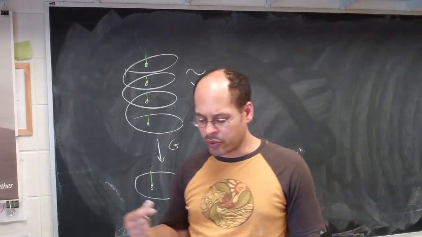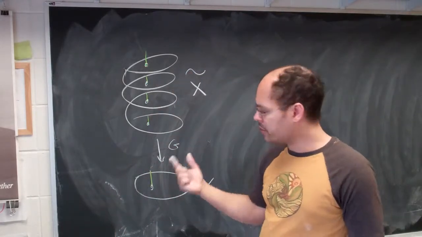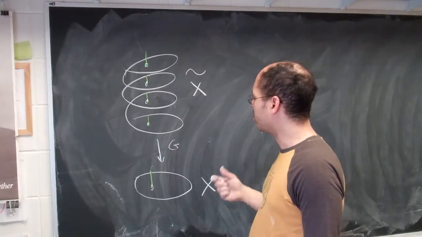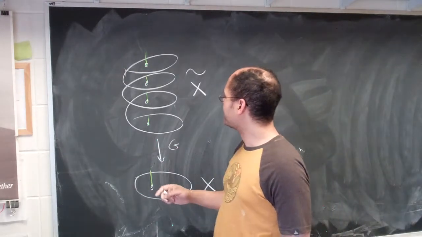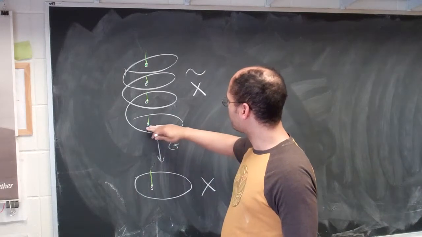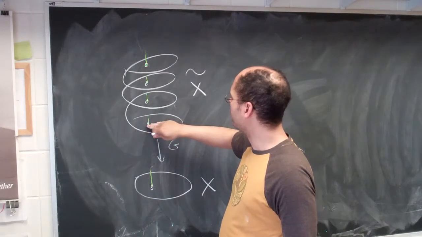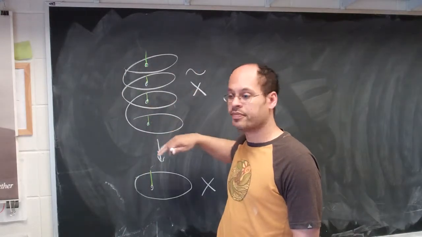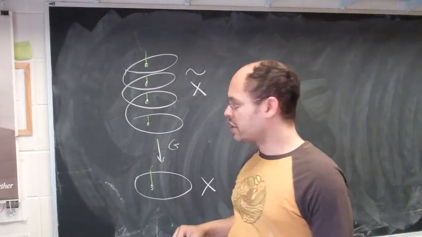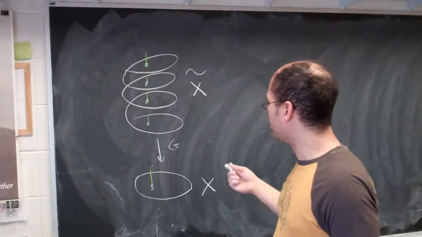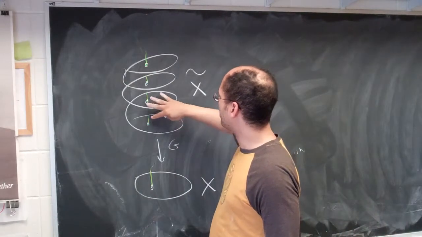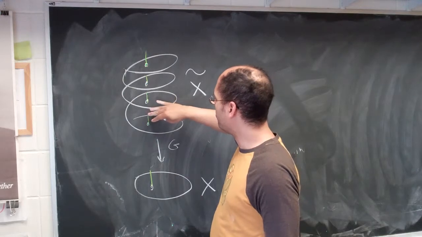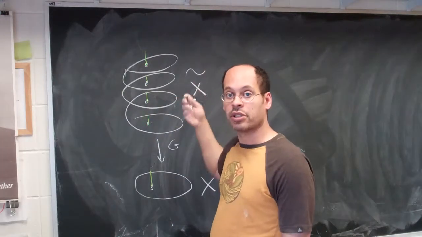Well, one way to encapsulate that in a more family-oriented way is that the deck transformation group is going to move these various green lines to each other and permute them around. What I need is that if I permute these things by deck transformations, then my family on x tilde should look the same.